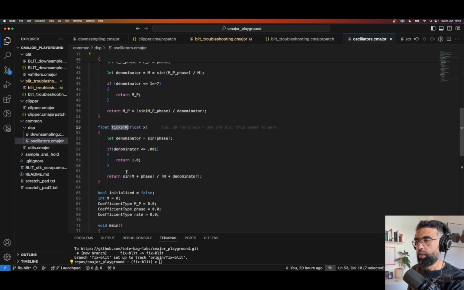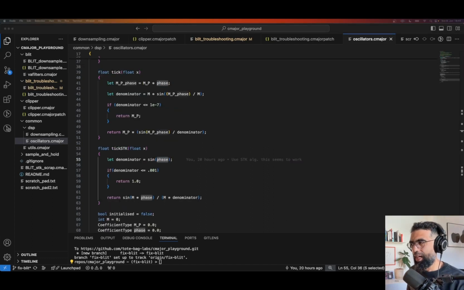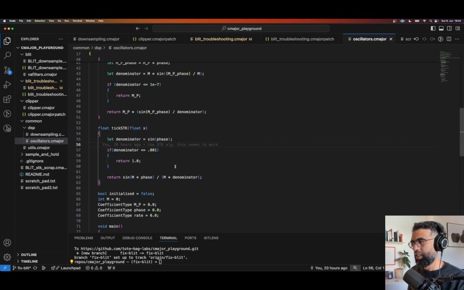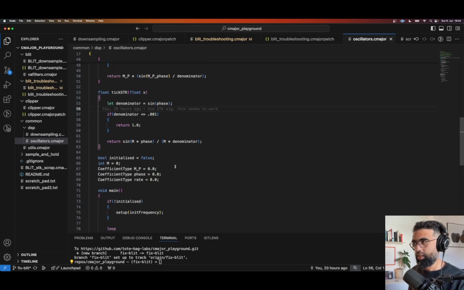Okay, so what does this calculation use? This uses phase, which is, wait, what? Okay, so I've done something not very nice here.